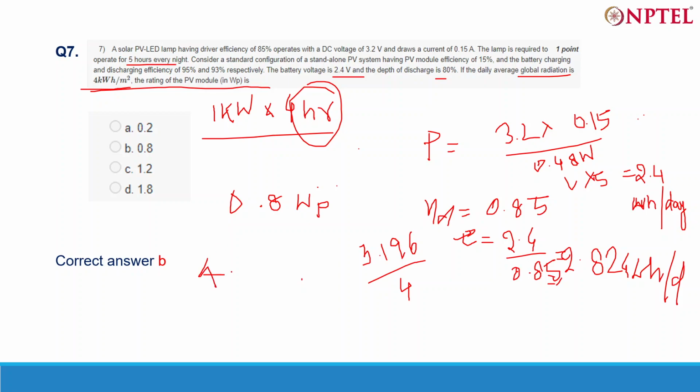Let's say the area of the module is A, module efficiency is 0.15, then we have radiation as 1000 watt per meter square, 1 kilowatt equal to 1000 watt, into the efficiency, that is equal to battery power.